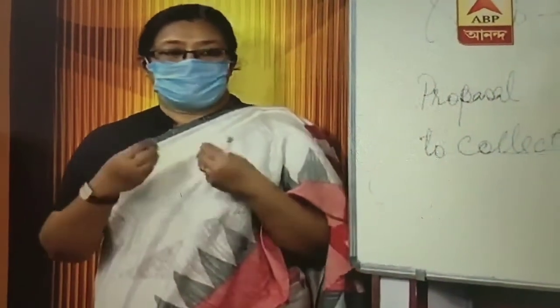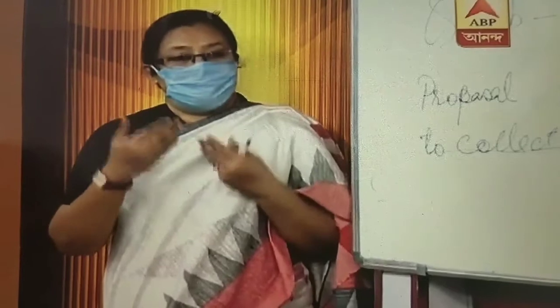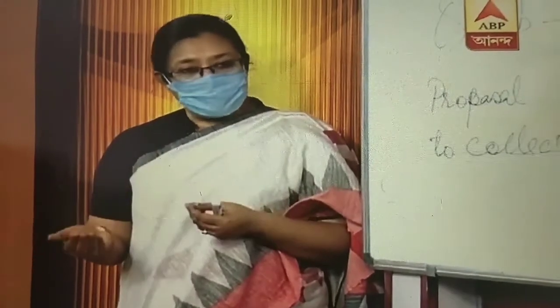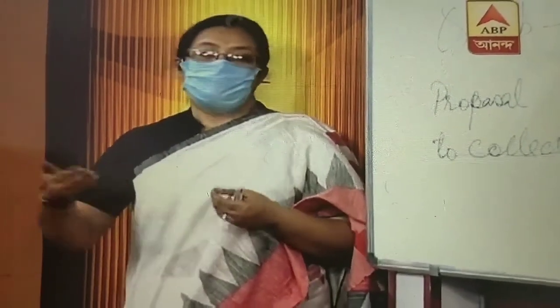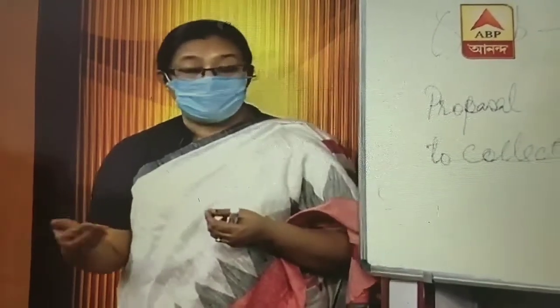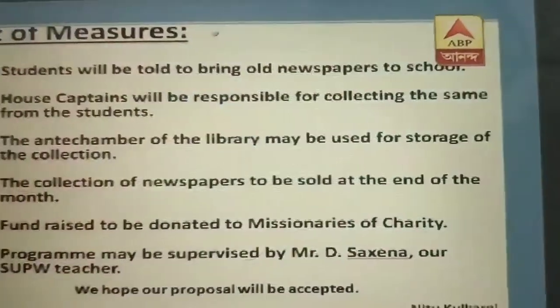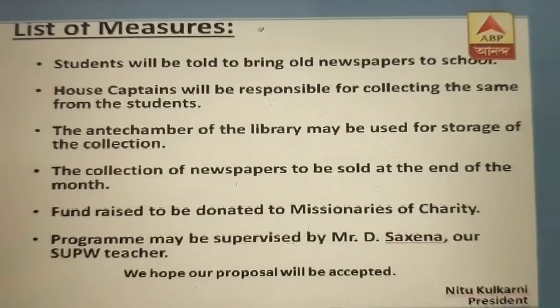So now you're giving another suggestion. The whole program may be supervised by our SPW teacher. And you name your SPW teacher. Again, may be supervised. You are requesting your SPW teacher to supervise that program. It is your program. And you are requesting your SPW teacher to supervise the program.